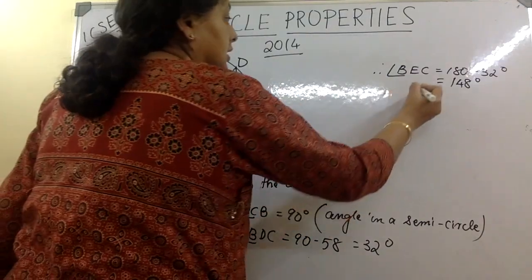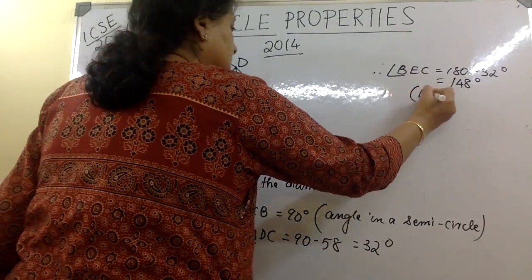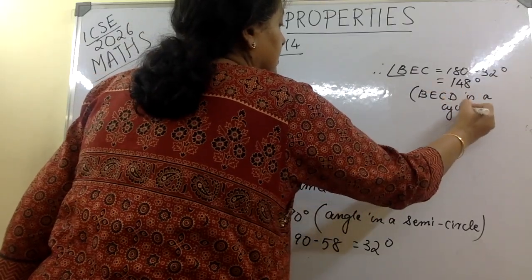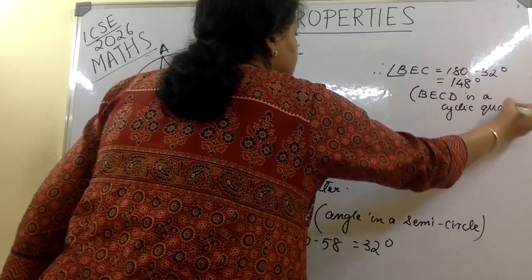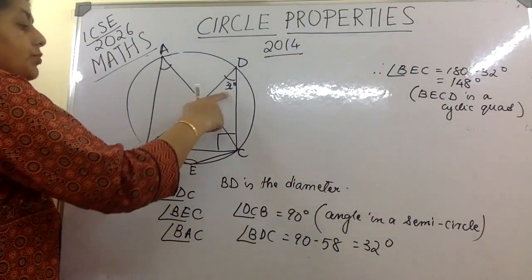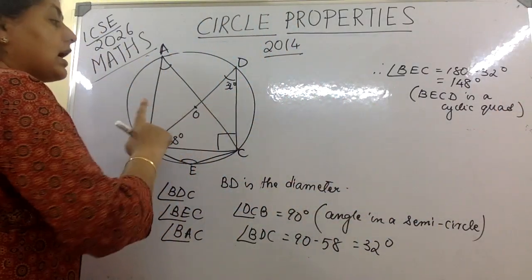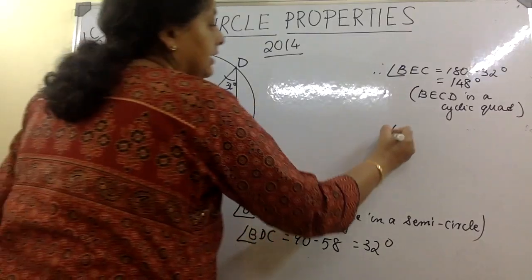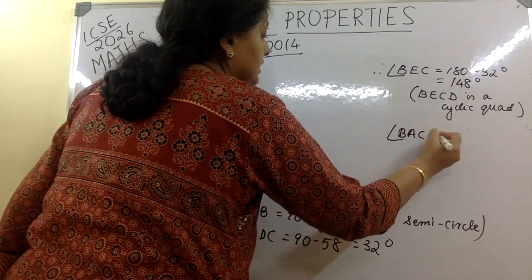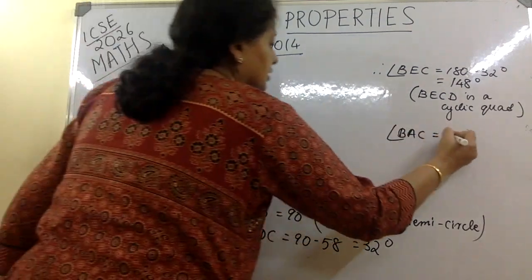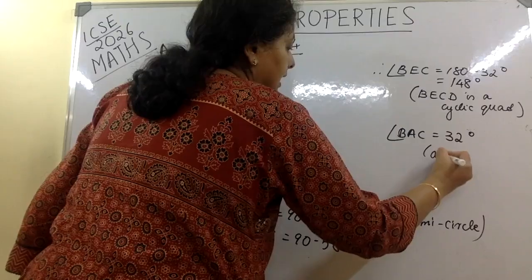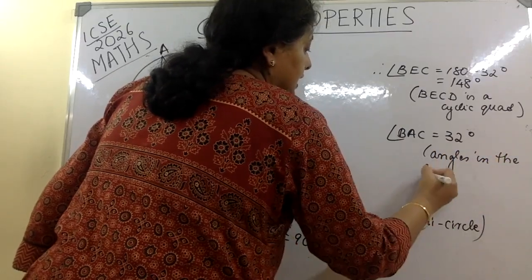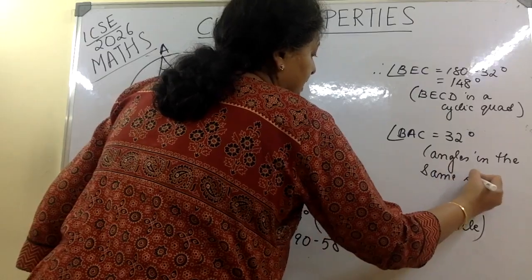You can just write BECD is a cyclic quadrilateral. If you just write this much, that is also enough. Opposite angles of a cyclic quadrilateral are supplementary. Now we need to find angle BAC. Angle BAC is equal to again 32 degrees. This is angles in the same segment.